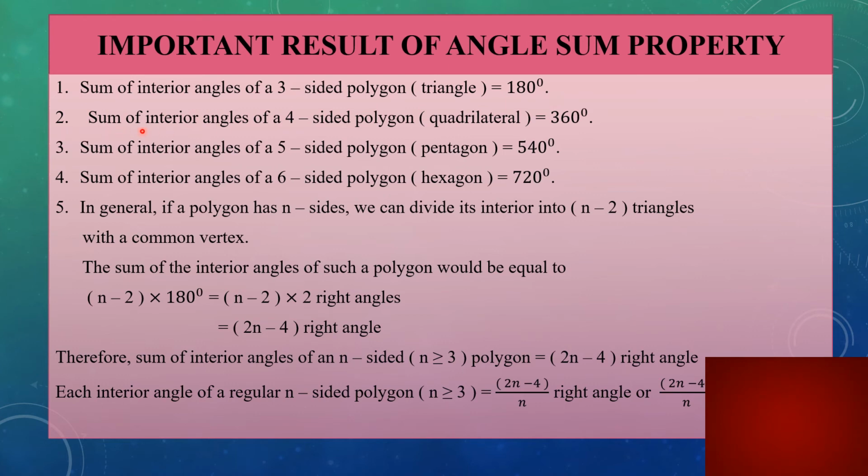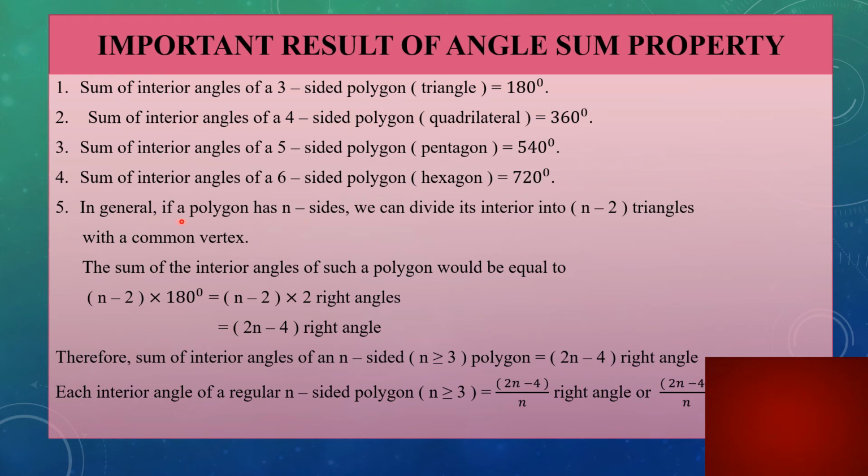Second, sum of interior angles of a four-sided polygon, quadrilateral, is equal to 360 degrees. Third, sum of interior angles of a five-sided polygon, pentagon, is equal to 540 degrees. Fourth, sum of interior angles of a six-sided polygon, hexagon, is equal to 720 degrees.